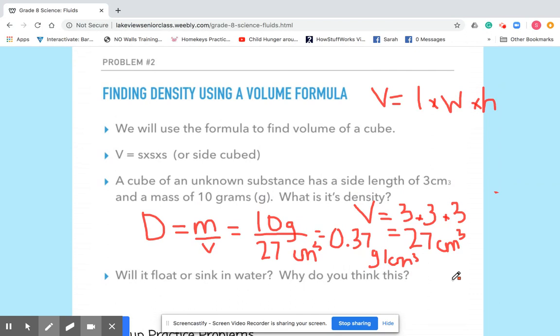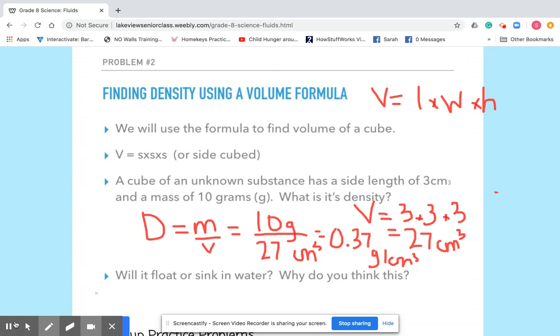Okay, so do you think that this unknown object would float or sink in water? Remember when we talked about floating and sinking before the break? And water, we said, had a density of 1 gram per milliliter or 1 gram per cubic centimeter. So if this unknown object is 0.37 grams per cubic centimeter, do you think it would float or sink in water?